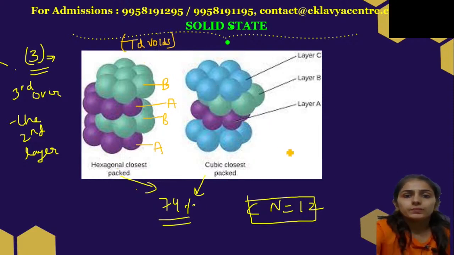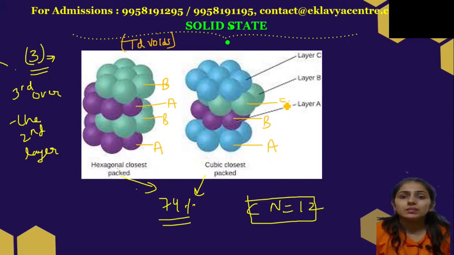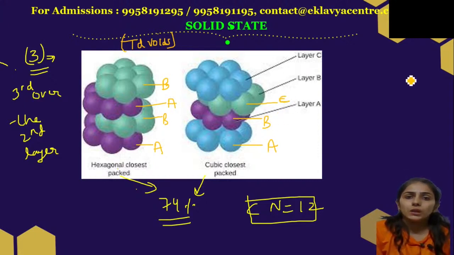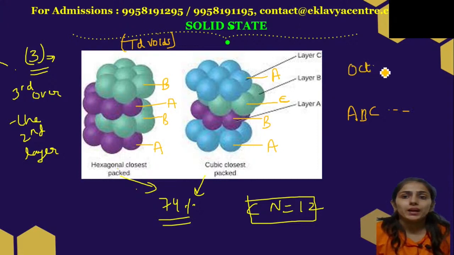Now this packing, CCP, cubic close packing: suppose this is A, this is B, and this third layer is an entirely different layer from A and B. After this third layer, we have a fourth layer which will be similar to the first layer. So this type of packing is ABC type packing, and here this packing is done to hide octahedral voids.